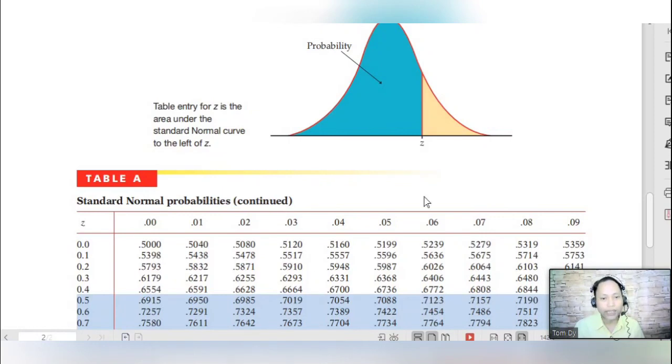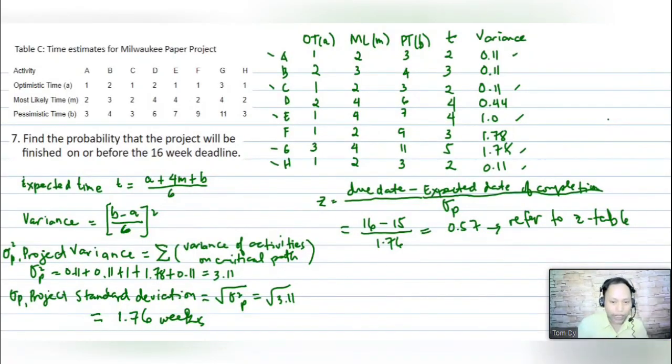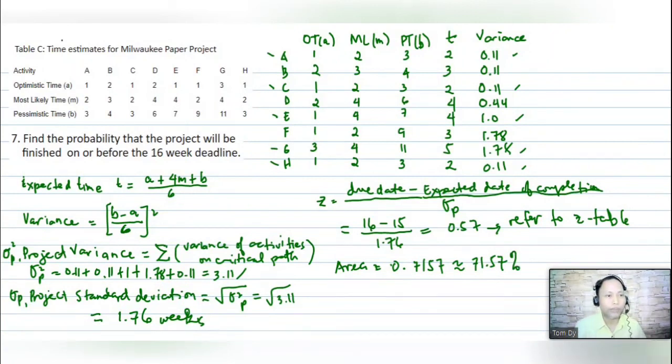This is the probability, the area under the curve of the standard normal distribution. The area is 0.7157, or if we multiply it by 100, 71.57% in terms of percentage.